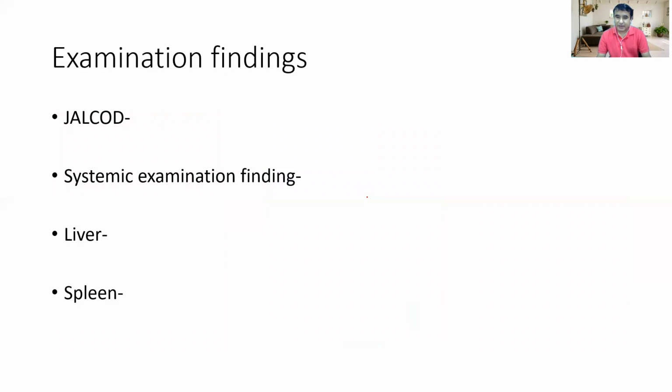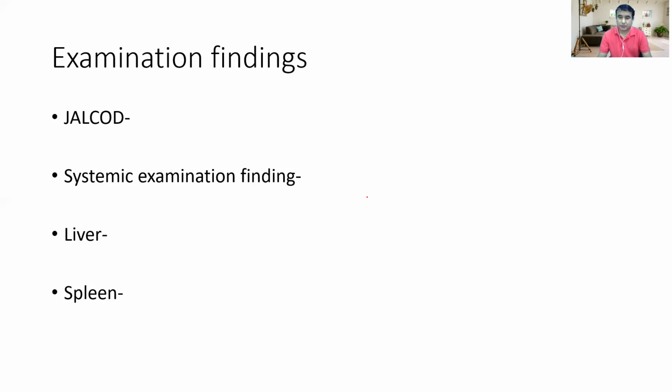Then the examination findings. On examination, what about jaundice? What do you think, will there be jaundice or not? Yes, we expect jaundice in hemolytic anemia, classically in extravascular hemolysis. But the jaundice in hemolytic anemia is not that severe. Usually the bilirubin level will be less than 5. Why is it not severe?